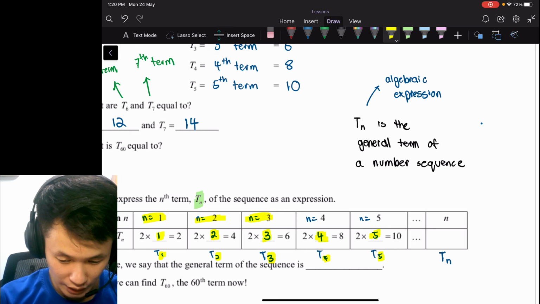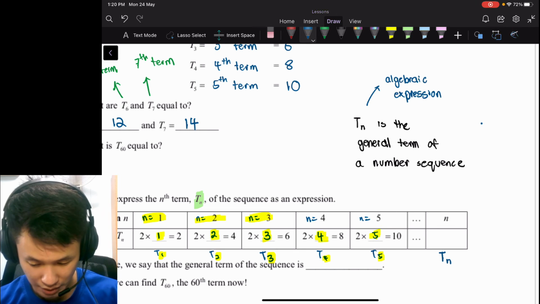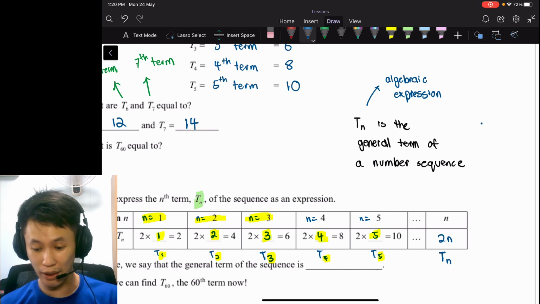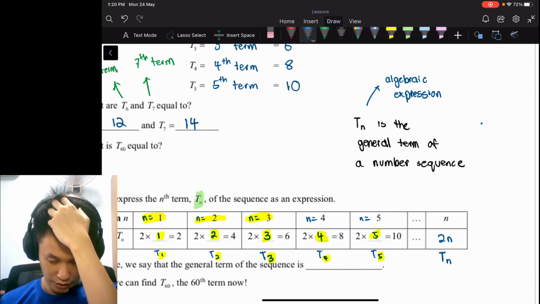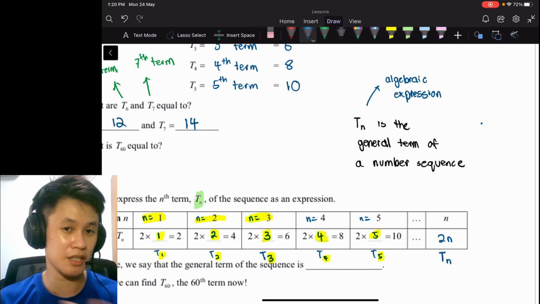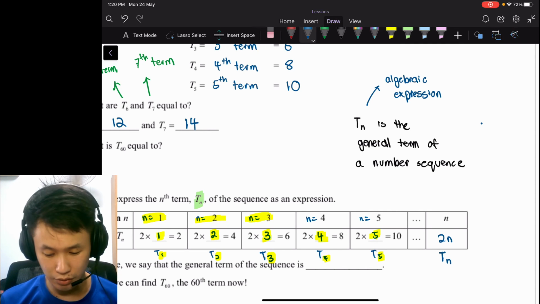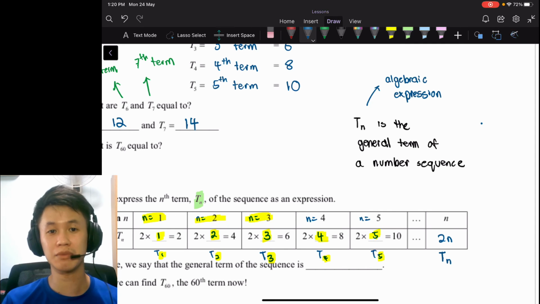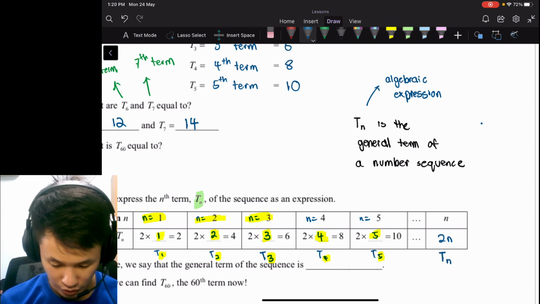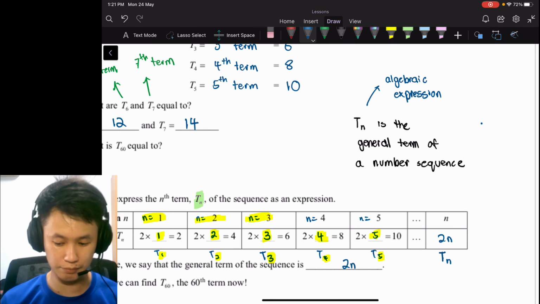In the same way, I can say that the nth term is just 2 times n, or you can say 2n. This is one of the ways of identifying the pattern, to realize that we can generate any term based on this formula, 2n. So we say that the general term of the sequence is 2n.